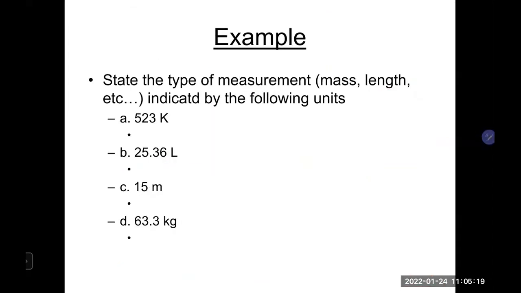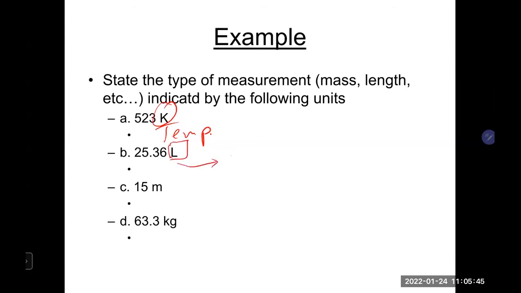All right, so let's take a look at each of these just to make sure we understand what type of measurement we're looking at here. So we have 523 Kelvin. Kelvin is a unit of temperature, which means here we are talking about, obviously, temperature. Here, looking at the unit, 25.36, capital L. L is liters.